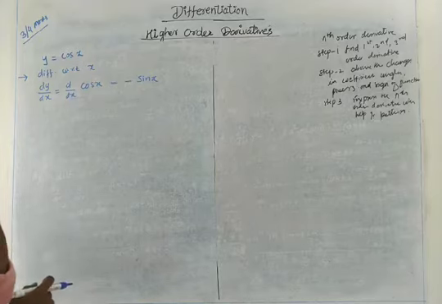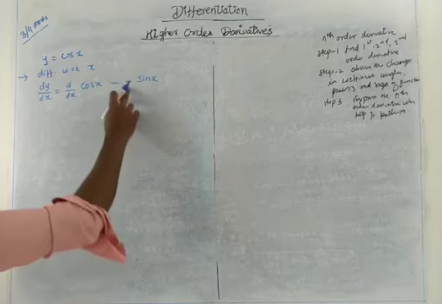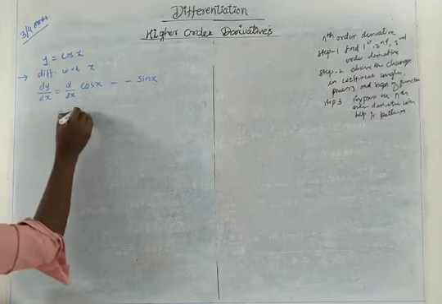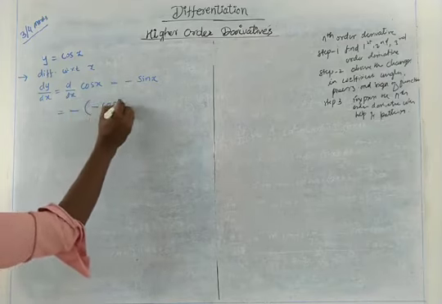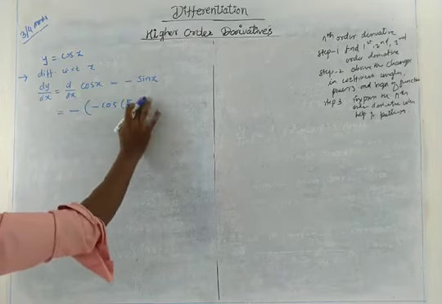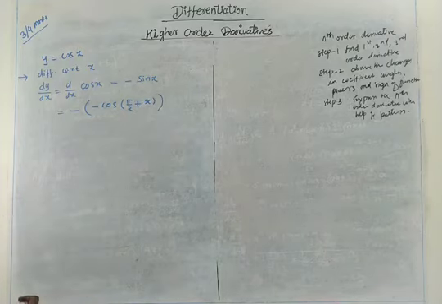But now, which value of cos theta, cos pi by 2 plus theta, we have to write that with the ASTC angle criteria here. So I will write here minus of minus cos pi by 2 plus x, because cos pi by 2 plus theta is a minus sine theta.